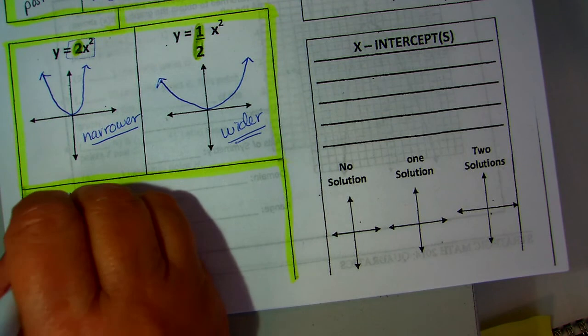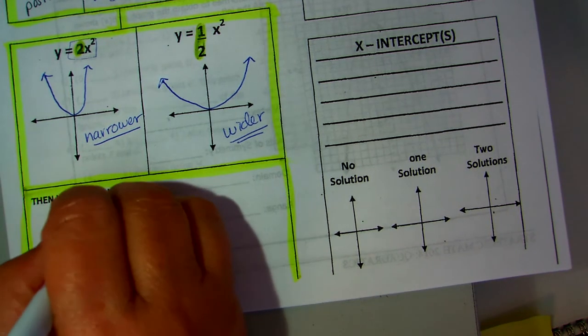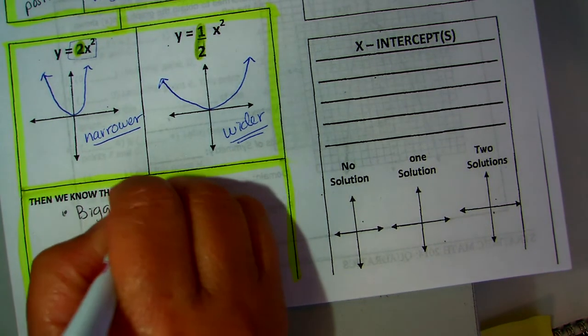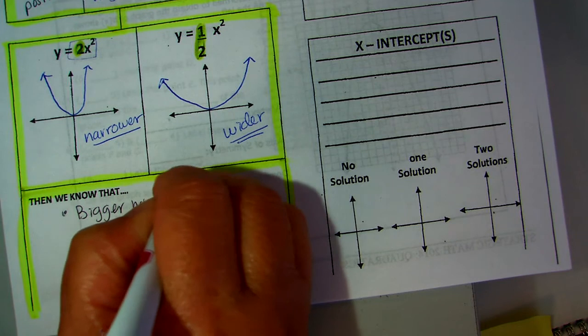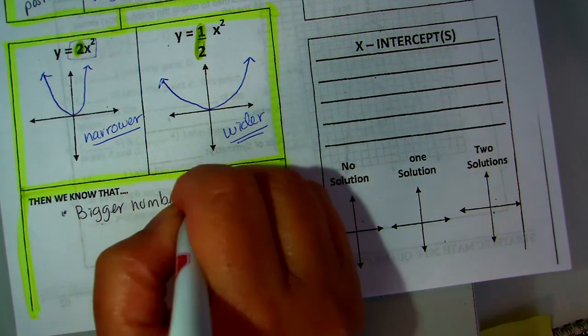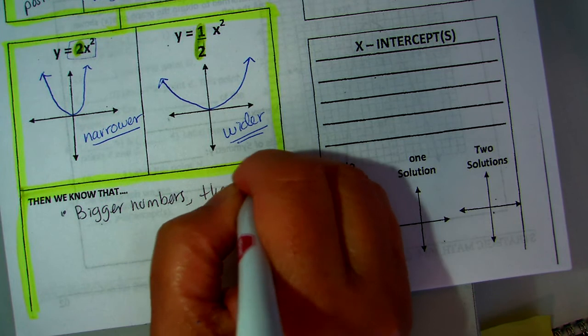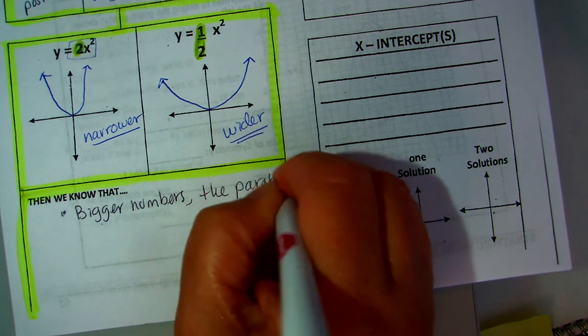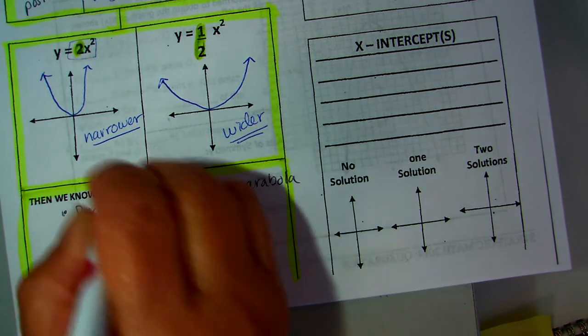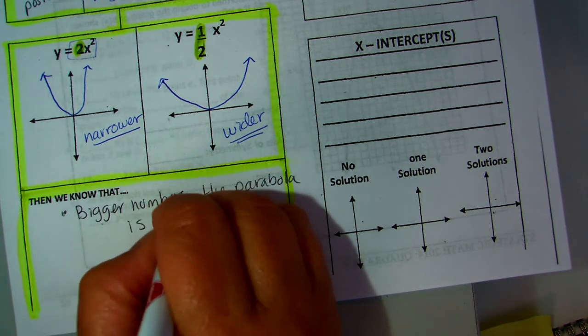Bigger numbers, the parabola is narrower.